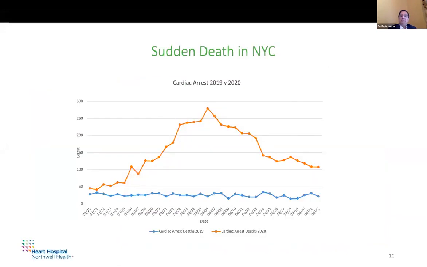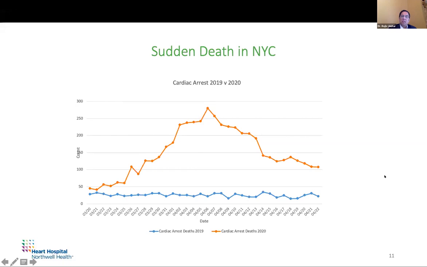And so what happened to these patients? We got some data which we're about to publish from the New York City Fire Department. If you see the number of patients for whom 911 or our emergency lines were called, the peak was on the 5th of April, where there were about 280 patients who died at home.